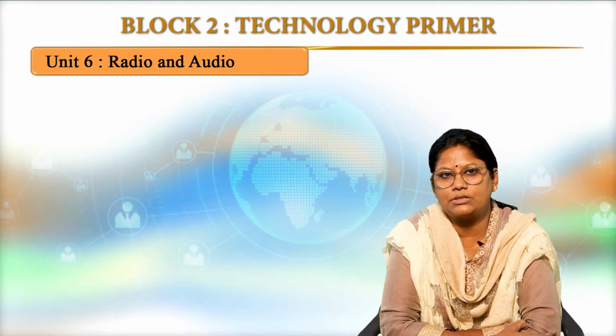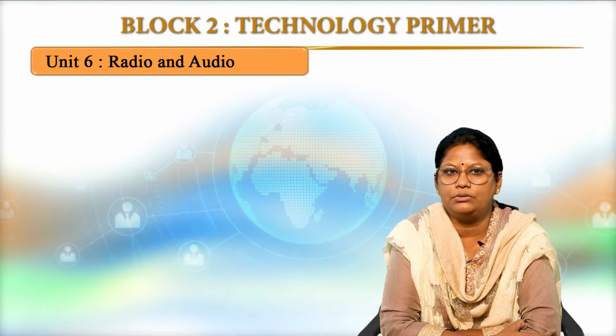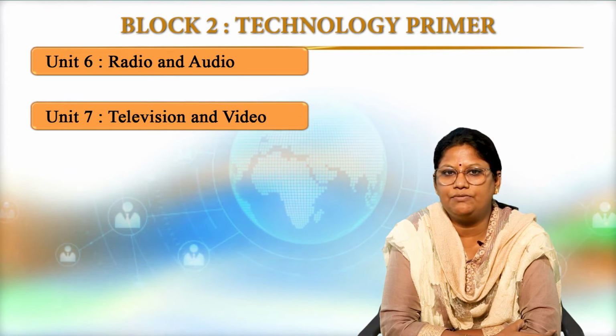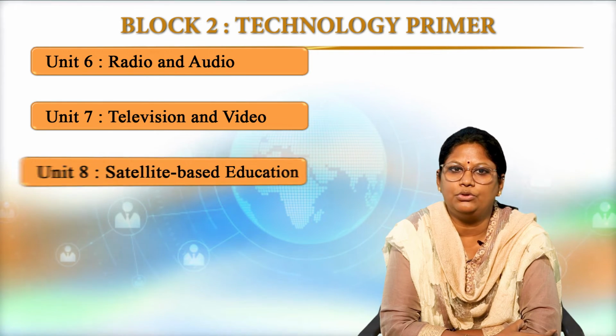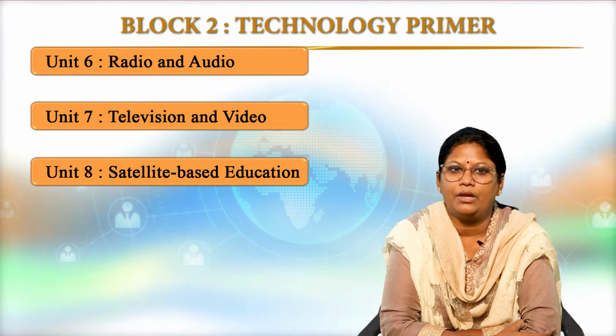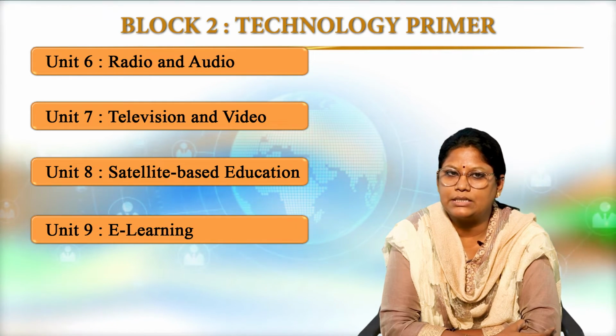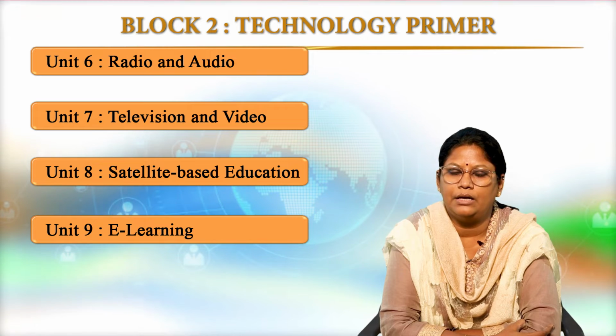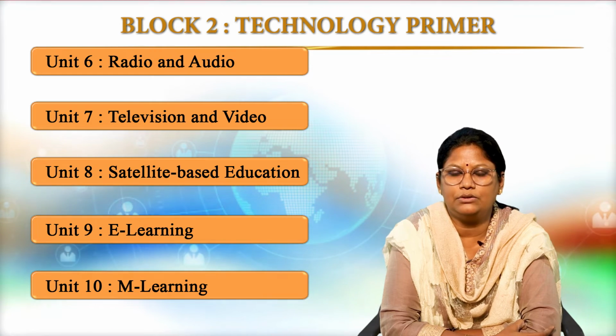Unit 6 talks about radio and audio, Unit 7 talks about television and video, Unit 8 talks about satellite based education, e-learning is discussed in Unit 9 and m-learning is discussed in Unit 10.